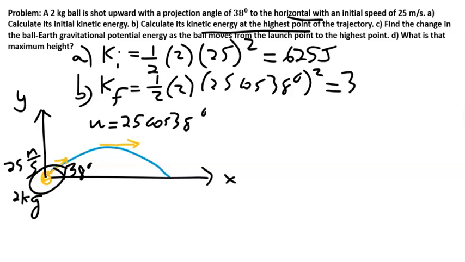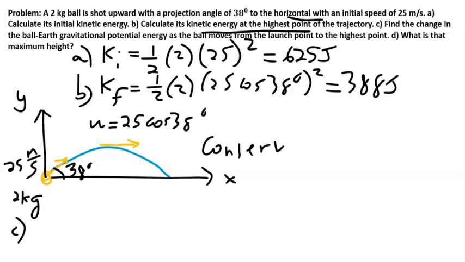and that will be about 388 joules. Now part C, find the change in gravitational potential energy as it moves from the launch point to the highest point. Note that we are dealing with a conservative system. That means the change in potential energy is minus the change in kinetic energy. How so?